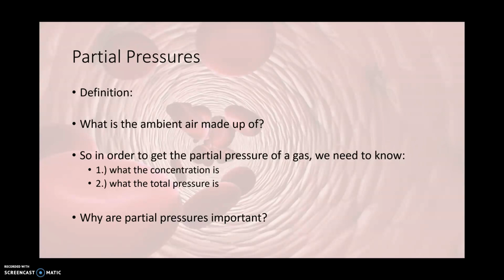So in order to get the partial pressure of a gas, we need to know one, what the concentration is, and two, what the total pressure is, which we do know. We knew the concentration of O2 in the air, which is 20.93%, and the total pressure at sea level, which is 760.